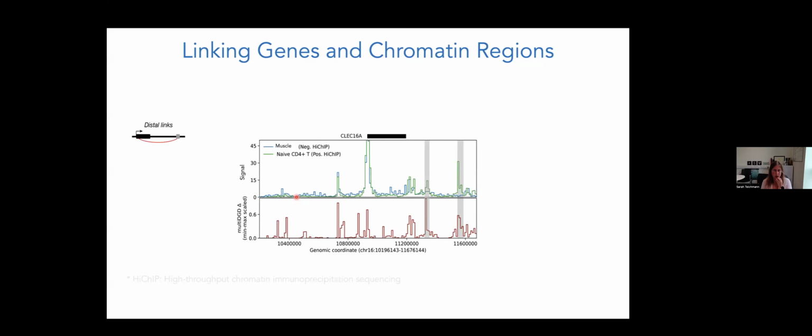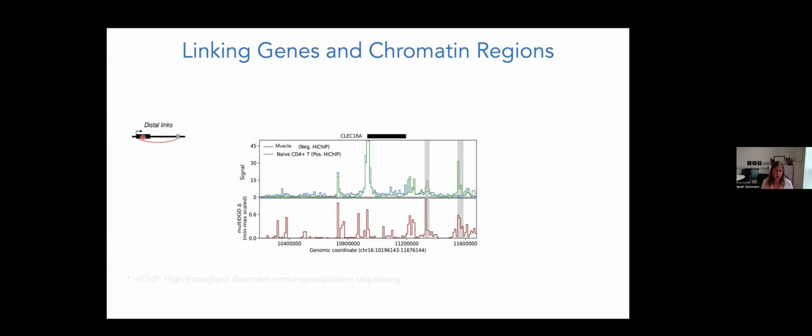The other thing that we checked was whether we can see any link between distal regions and genes. And of course, that's a much bigger challenge, and a more open question in biology: how do distal regulatory regions control promoters that are not right around the transcription start site?